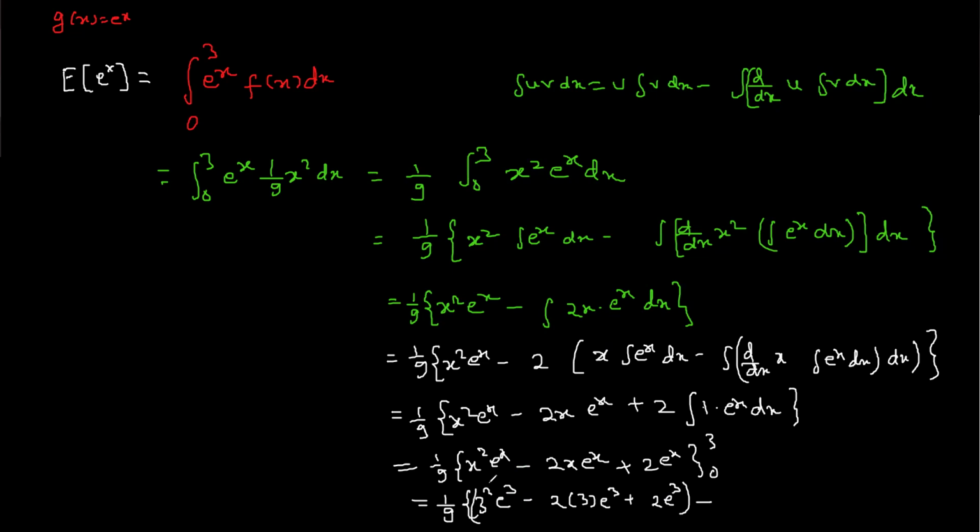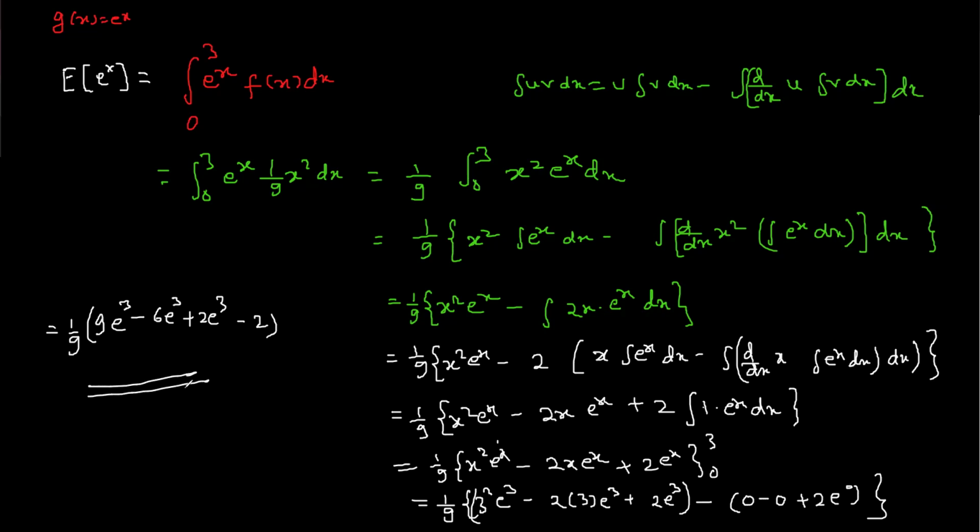Now put 0. When you put 0, this part will be 0 because 0 into anything is 0. This is also 0. 2 raised to 0. So we get 9 e3, 6 e3, 2 e3 minus 2. This is your final answer.